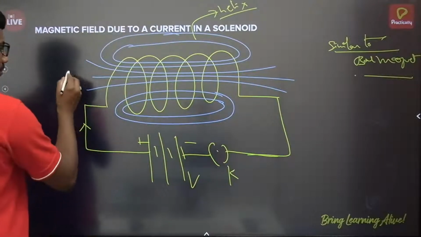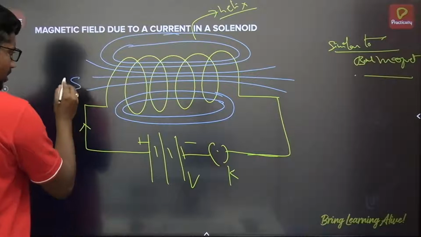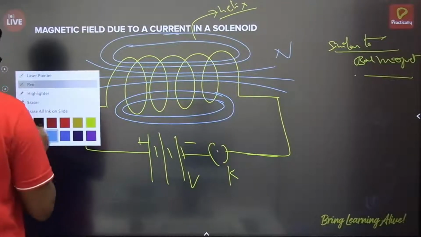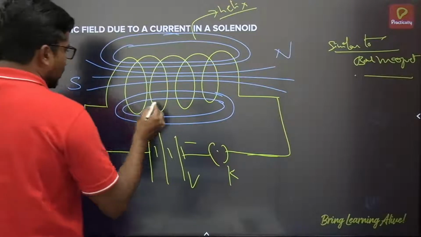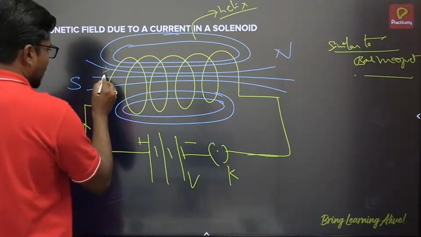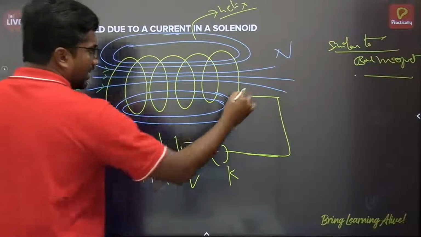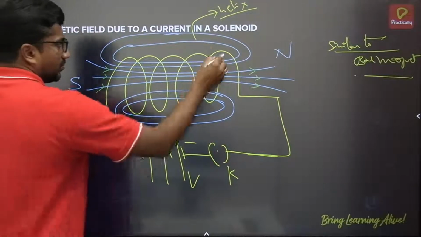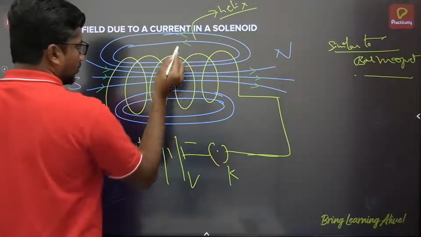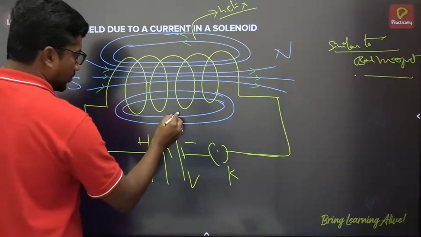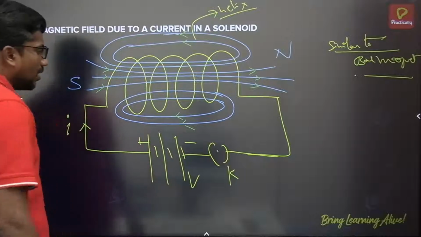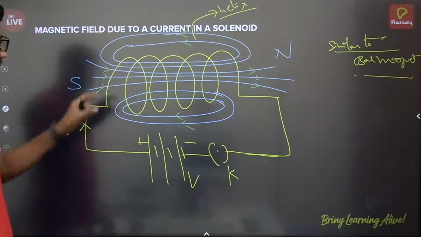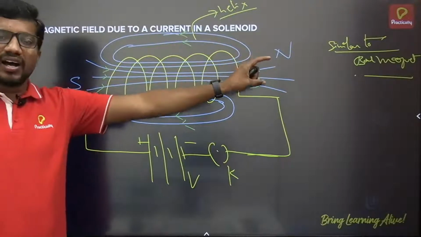Suppose this is the south pole and this is the north pole. Inside the magnet, the lines move from south pole to north pole like this. So this is the magnetic field representation for a solenoid, which is very similar to the magnetic field of a bar magnet.